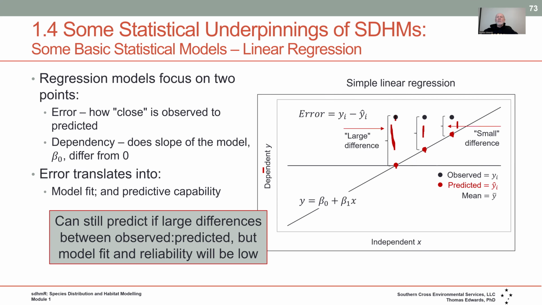Now, the error, when you sum up all of these things right here, translates into measures of the model fit as well as its predictive capability. Now, all of these types of models can predict even when large differences between the observed and the predicted exist, but then the model fit and its reliability are low.